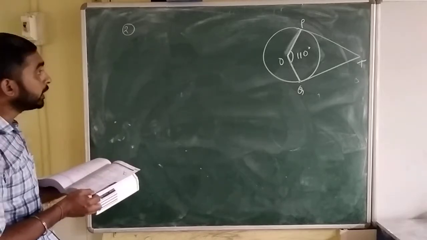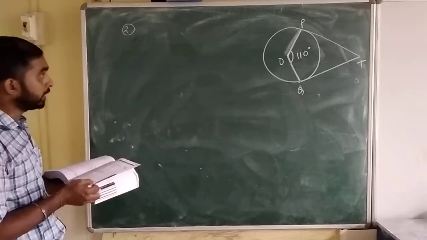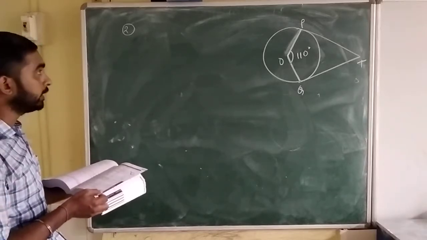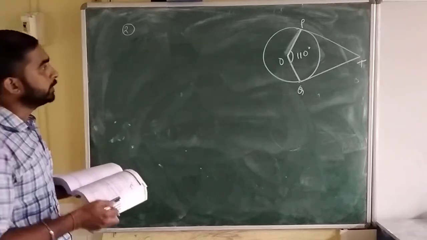In the figure, PP and PQ are two tangents to a circle with center O. Show that angle POQ equals 110, then find angle PTQ.